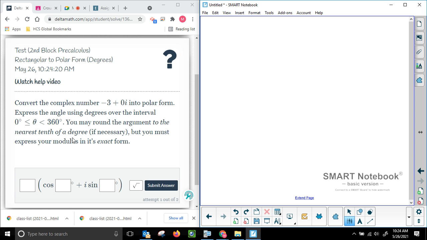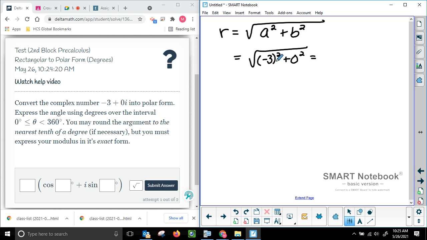You may round the argument to the nearest tenth of a degree if necessary, but you must express your modulus in its exact form. Remember, modulus is just r, and that is equal to the square root of a squared plus b squared. In this case, that is the square root of negative 3 squared plus 0 squared, which is 9 plus 0, which is 9. The square root of that is 3.